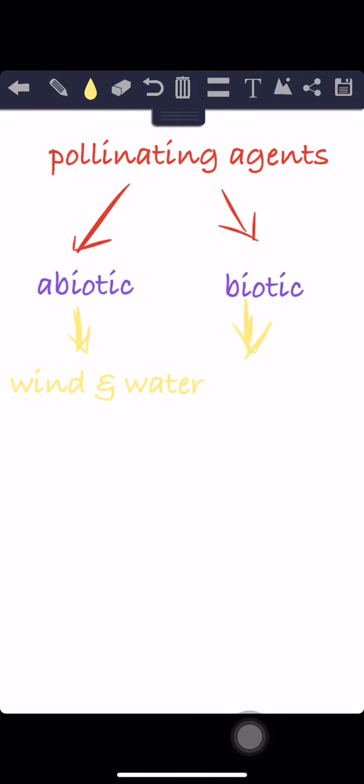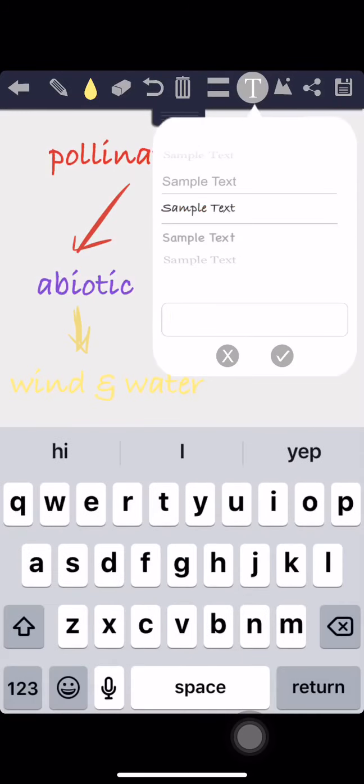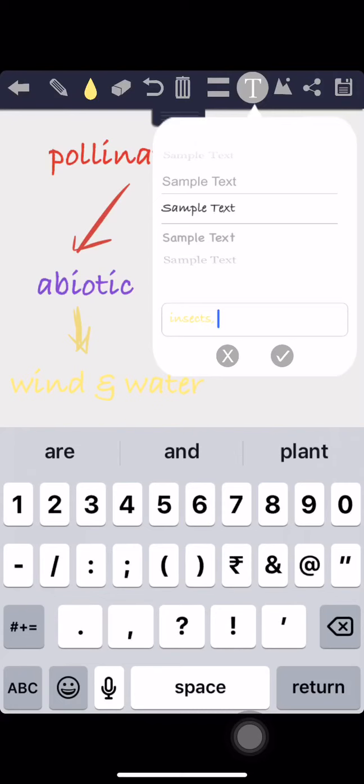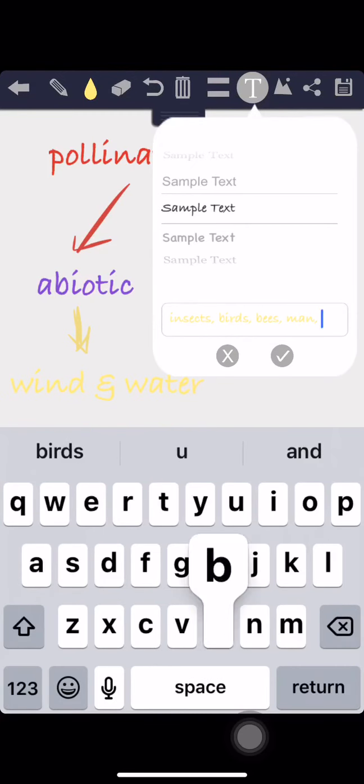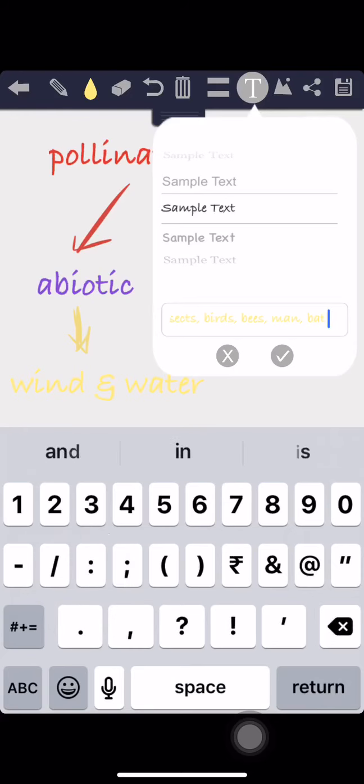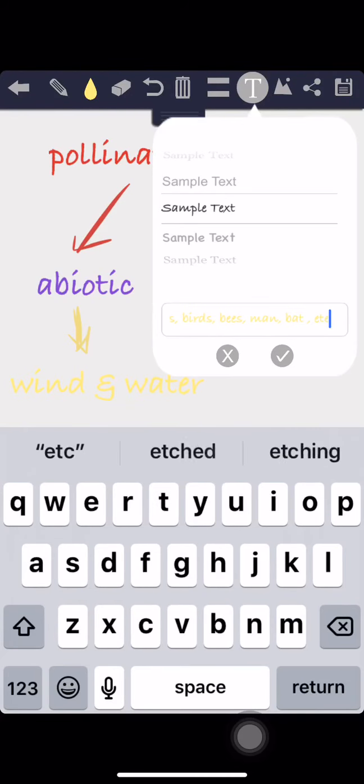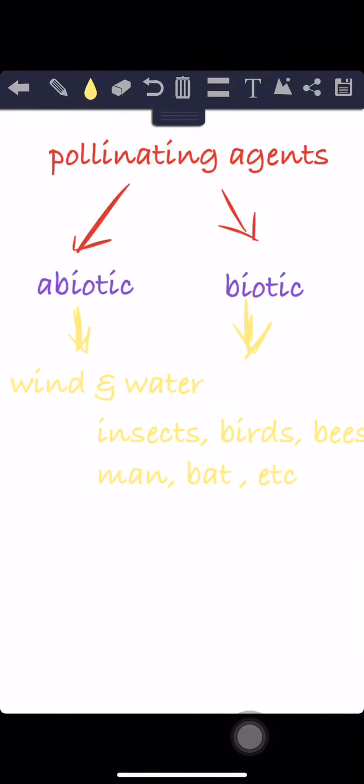If we talk about biotic agents, then it can be insects, birds, bees, men, bats, etc. All these are the biotic agents. Always remember, abiotic agents are non-living, whereas biotic agents are living.